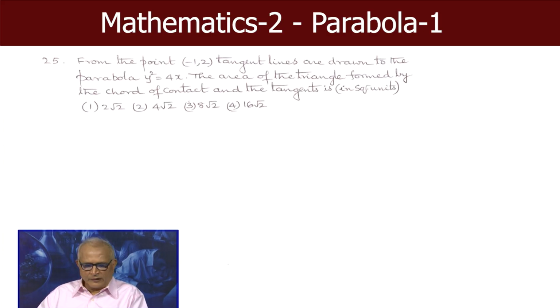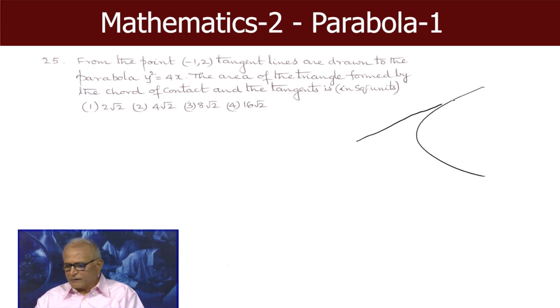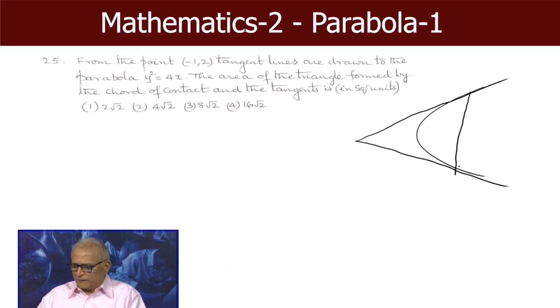Next, from the point (−1, 2), tangent lines are drawn to the parabola y² equal to 4x. Find the area of the triangle formed by the chord of contact and the tangents. This is a slightly difficult question. Tangents are drawn from the point P(−1, 2).